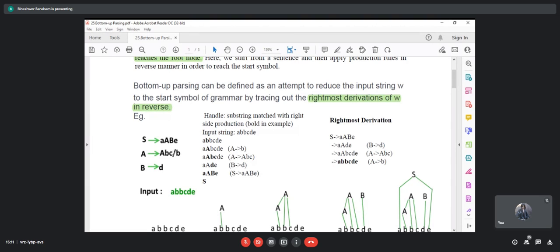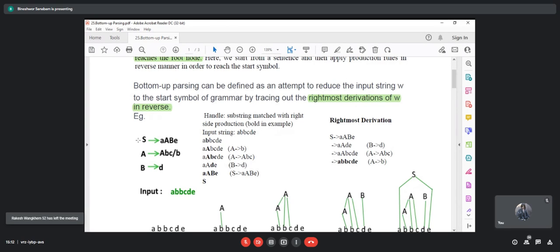So using this production, we can replace b with A. Then can we derive again b to A? We can, but what is our aim?